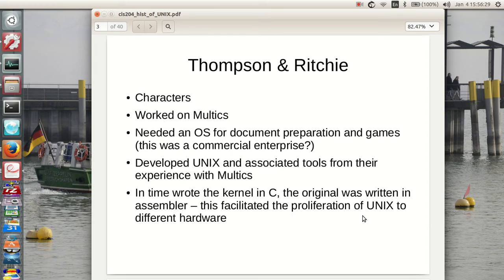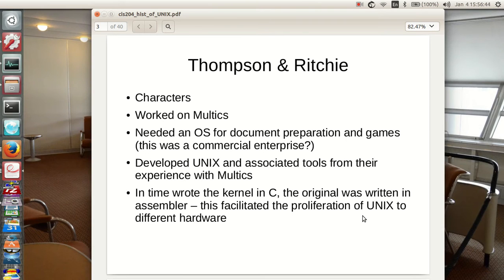Now, Multics was typical of the operating systems of the time. It was built using assembler. The operating system code was built for a specific set of hardware, and that code was in the assembly language that was specific to that set of hardware. Every hardware set basically had its own assembler.